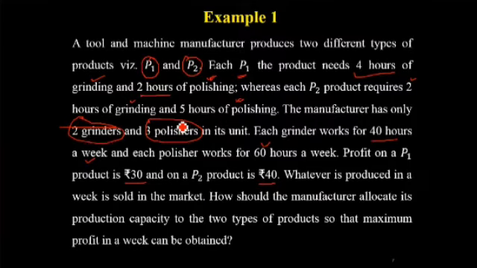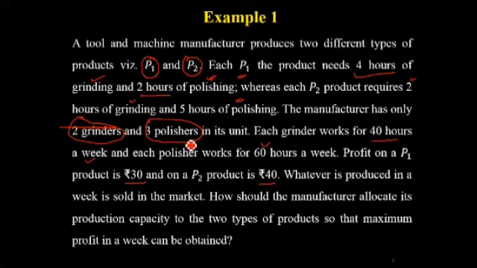Now you can see carefully that we are aiming towards the profit. Profit depends on the 30 and 40 values. We cannot change this data, so we can use it for the objective function.